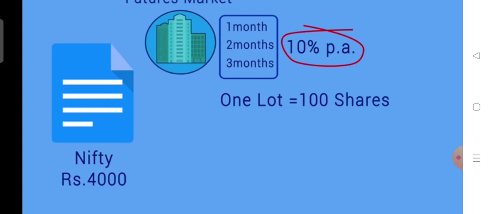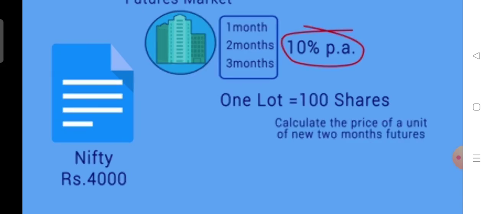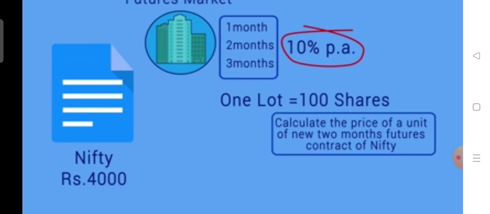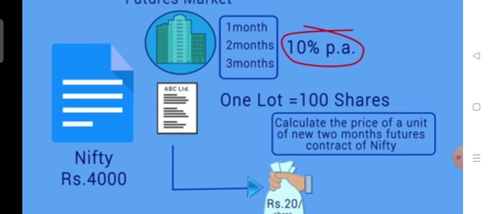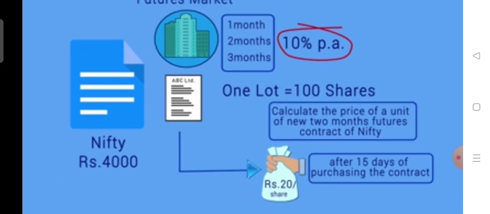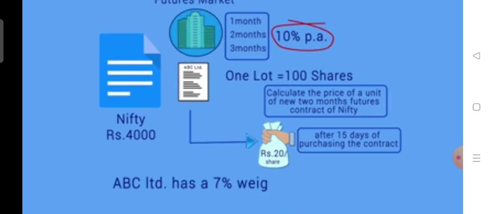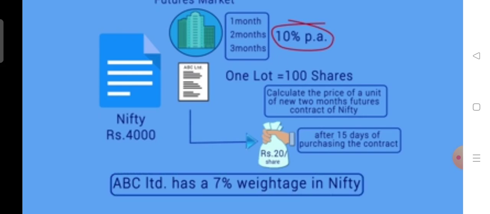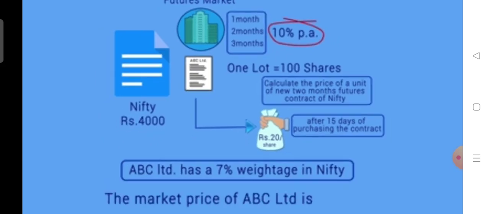Now what we need to calculate is the price of a unit of new 2 months futures contract of Nifty if ABC Limited will be declaring a dividend of rupees 20 per share after 15 days of purchasing the contract. And ABC Limited has a 7% weightage in Nifty, and the market price of ABC is rupees 140.